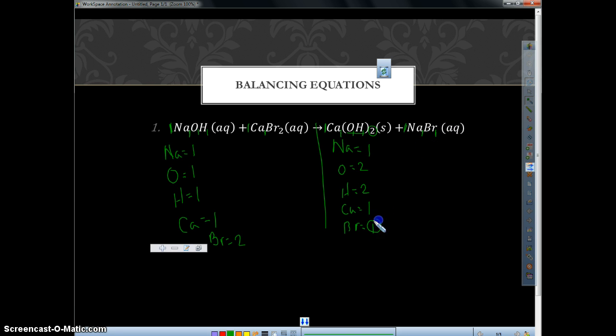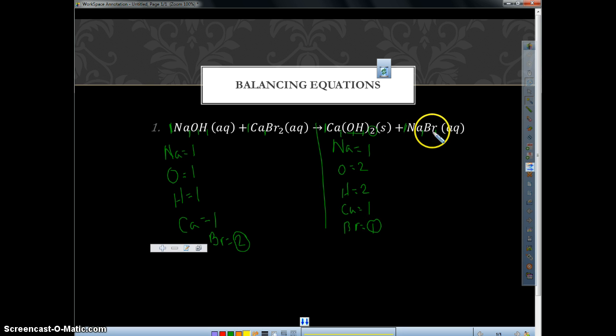So you look at your numbers and you try to decide, all right, what can I multiply by to get my number to change? And that number you're multiplying by is your coefficient. So on this side, I say, okay, what number can I multiply by a 1 to get to 2? Well, 2 times 1 equals 2. So that will be the coefficient that you put in.